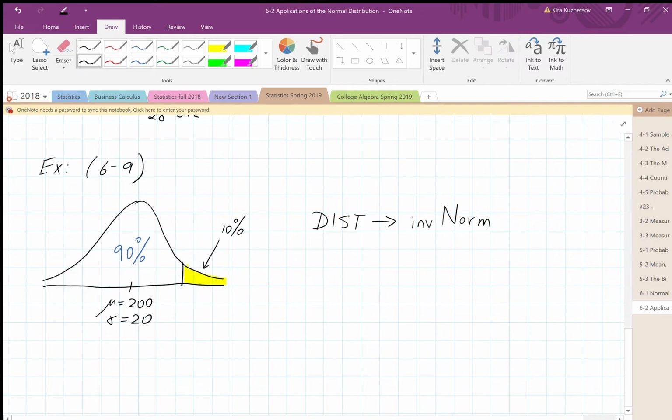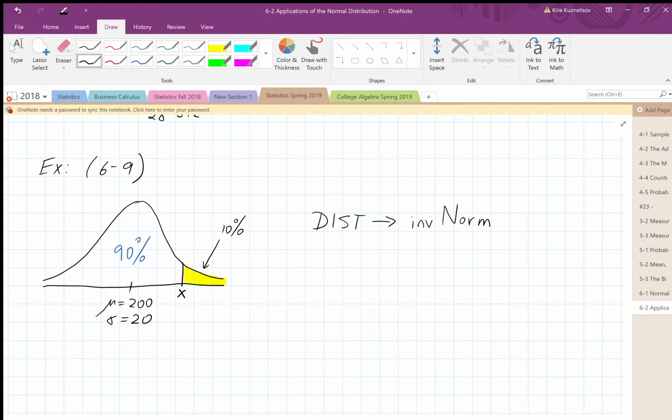It should be the third. If you have a drop-down menu in the TI-84, you will type in your area, which is the bottom area of the x that you're interested in. So we're looking for the bottom 90%. It will also prompt you for mu, which is 200, and a sigma of 20.